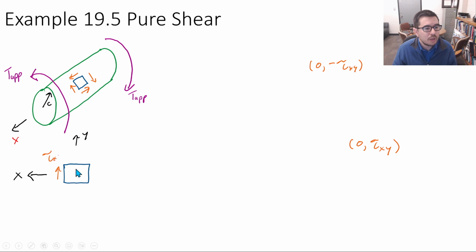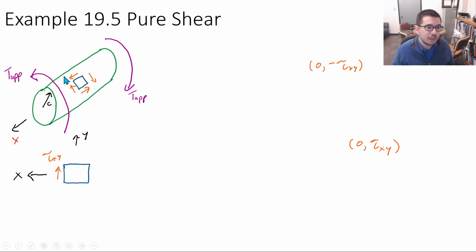So if we draw the X direction this way, maybe we want to draw our tau xy in that direction. Now remember what we've talked about before. I think the easiest way to visualize which direction these arrows go when it's on the surface of a shaft under torsion is to think about how the shape is twisting.